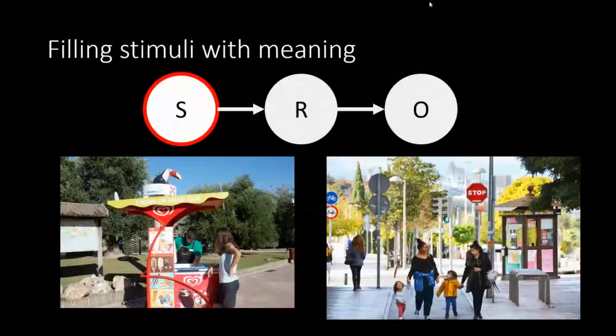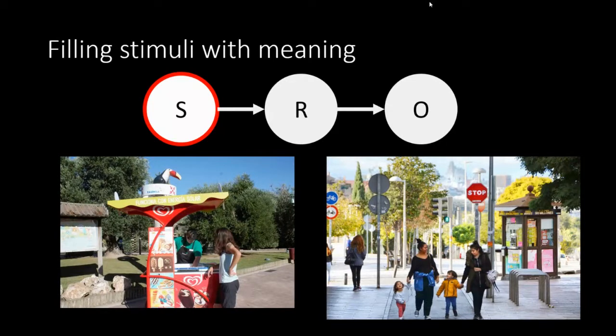If you think about that, all the stimuli that surround us are filled with a lot of meanings. They carry a lot of information, and this reinforcement learning situation, stimulus response outcome, is a very important way to give meaning to all these stimuli that are around us.